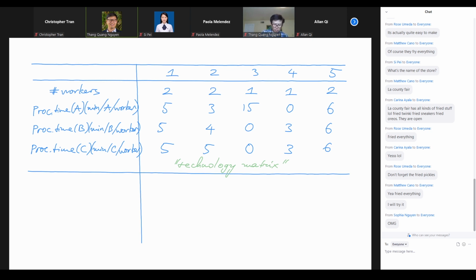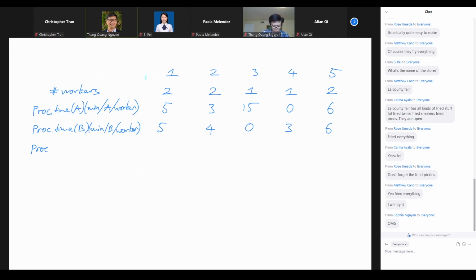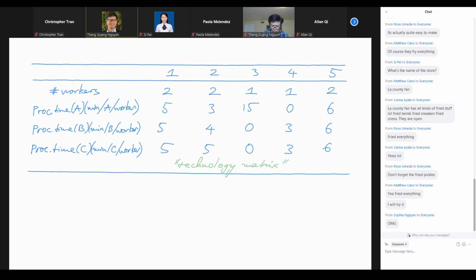Let me redraw this a little bit. So now let's talk about the capacity, or the supply side of the process. We would not talk about how many ice creams per day or burgers per day can be produced.